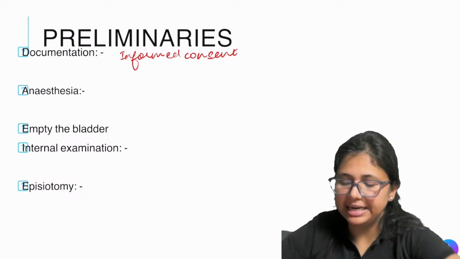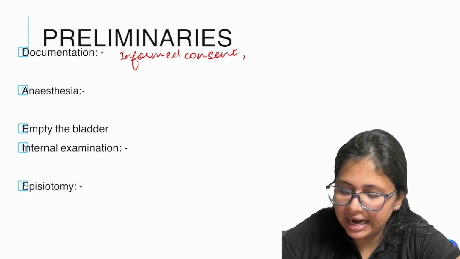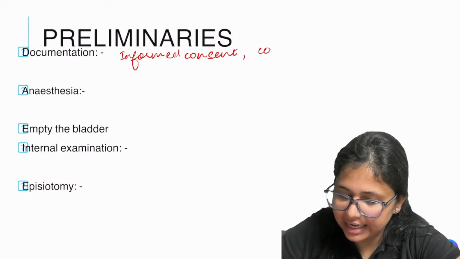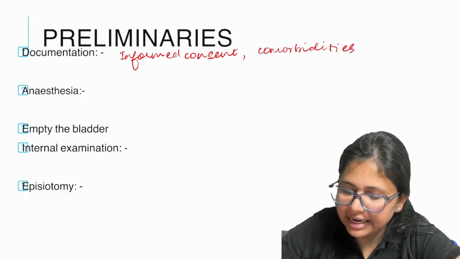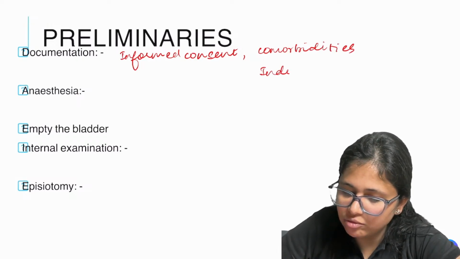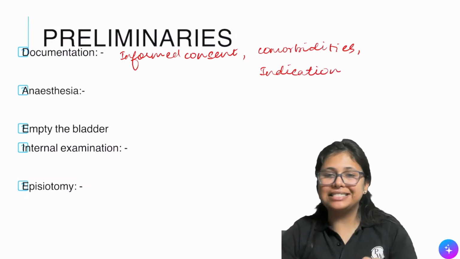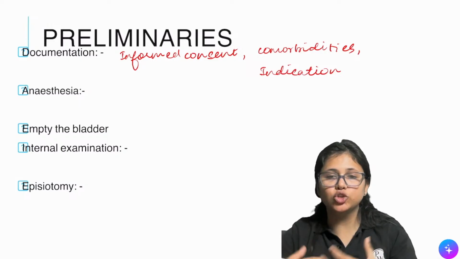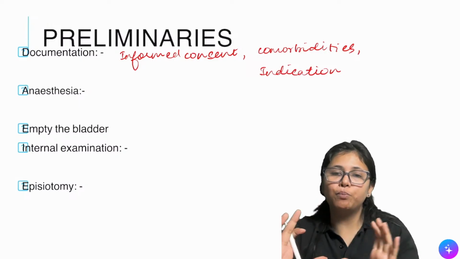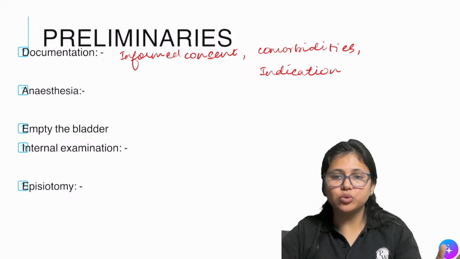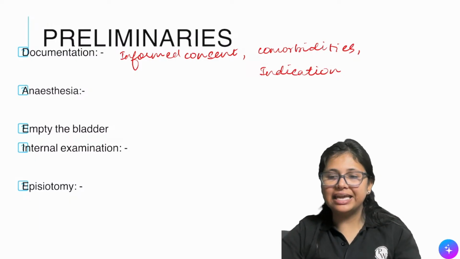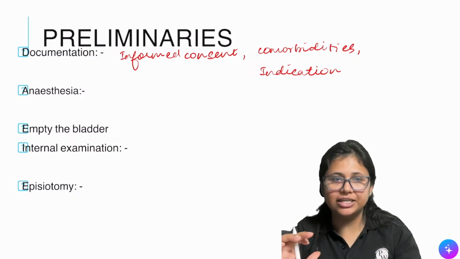So informed consent is very, very important. And you need to talk about any comorbidities. You need to talk about the indication why you are applying it, because it is a traumatic process. In case things go south, your documentation should be proper that this was a valid indication, and this is why I applied the instrument, right?